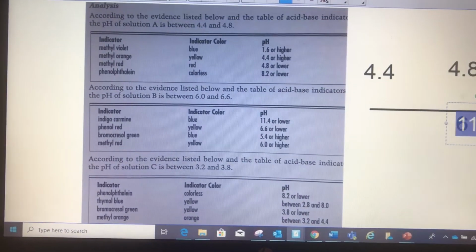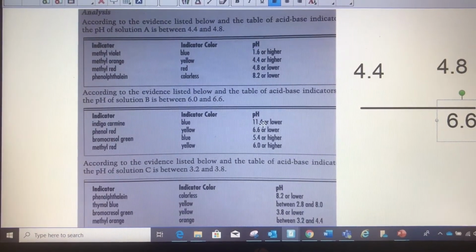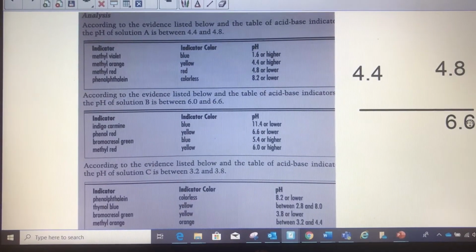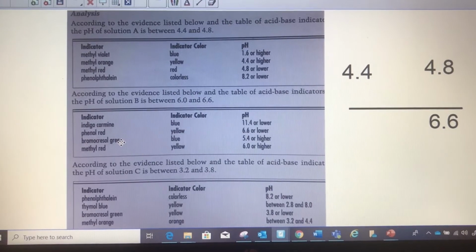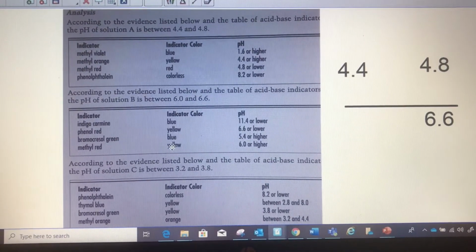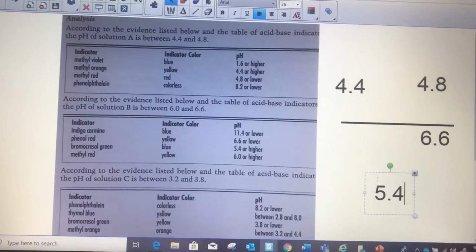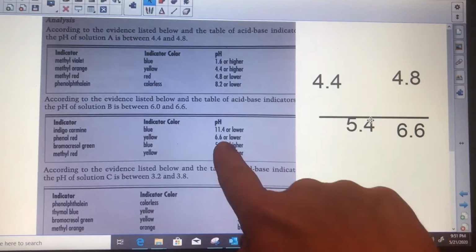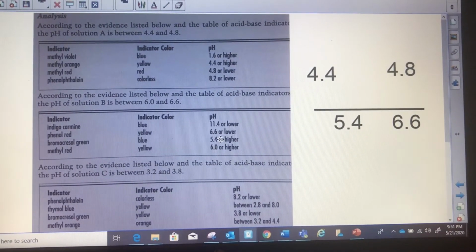So that means it can no longer be as high as 11.4 because of phenol red, it only can go as high as 6.6. Now, when you put bromocresol green indicator in the solution, it turned blue. And that only happens if the pH of the solution is 5.4 or higher. And we know it can't be higher than 6.6 because of clue number 2.